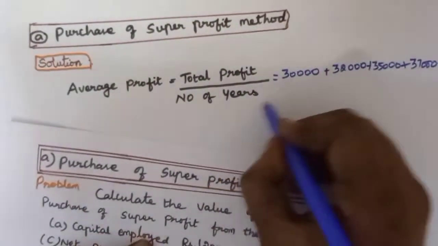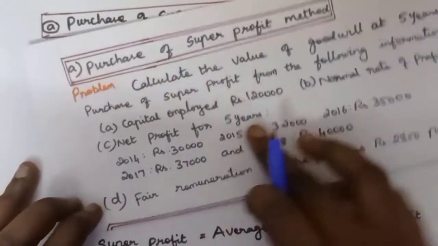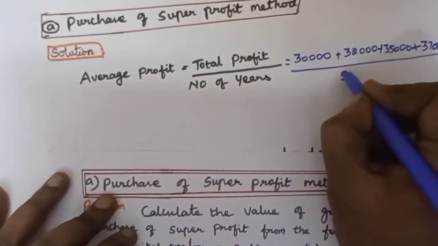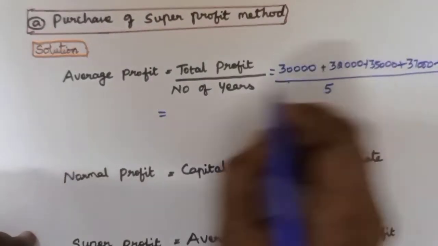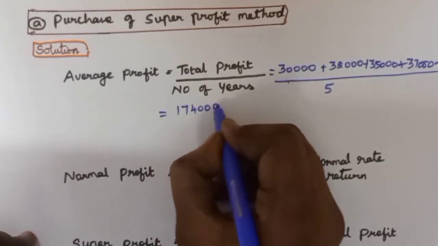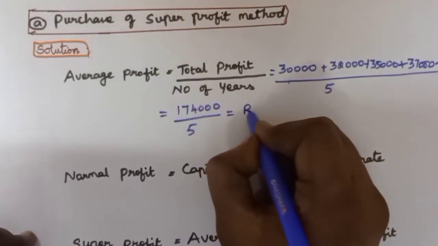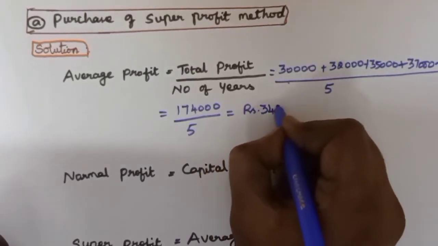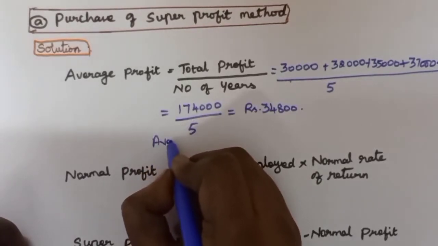Divided by the number of years. How many years? The profit for 5 years. Now find out the total profit. Total profit is 1,74,000. 1,74,000 divided by 5, we will get rupees 34,800. This is the average profit.